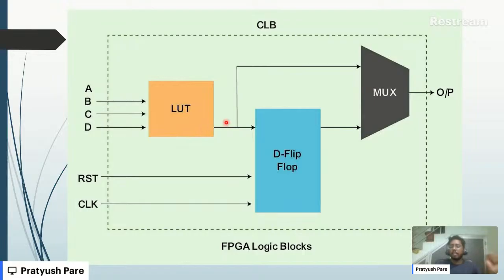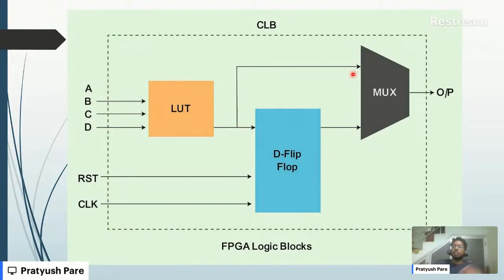Then we have a D flip-flop, which acts as a memory element, so you won't lose any data. And then we have a mux, which can select either the delayed version of the output or the output directly.